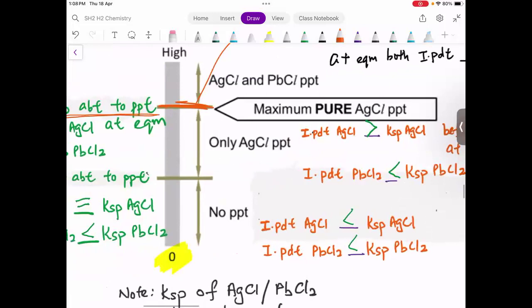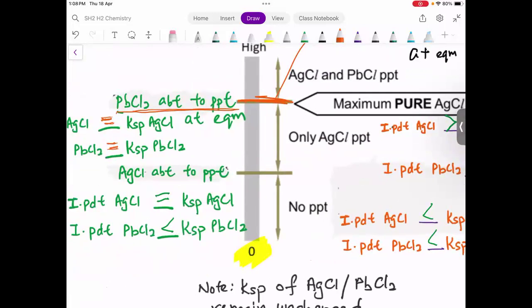No, you must imagine you are adding sodium chloride bit by bit. Every bit you add will cause a disturbance. Agree? So if this disturbance causes the ionic product of silver chloride to exceed, then only silver chloride will be pushed out of the solution. Precipitate. So when does it stop precipitation?